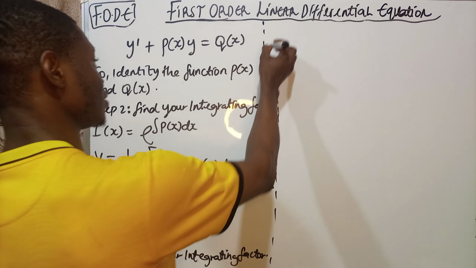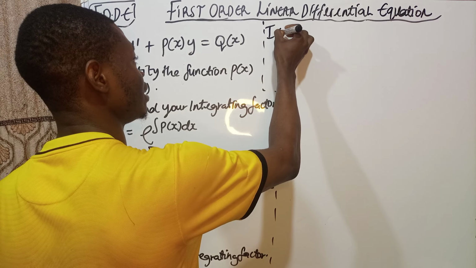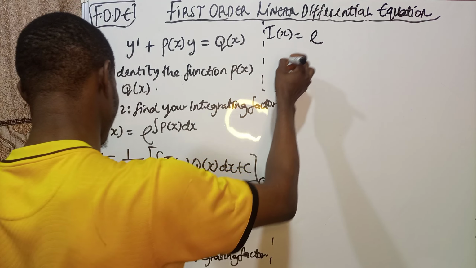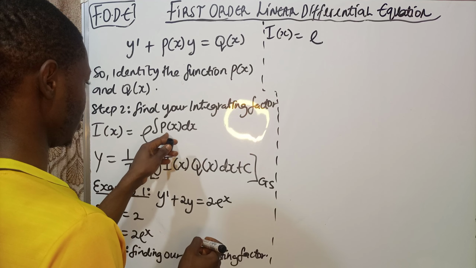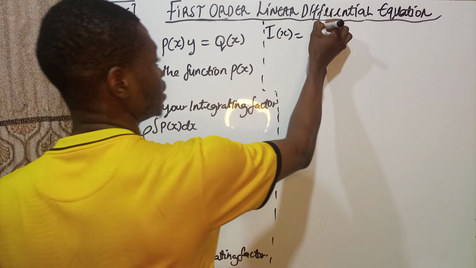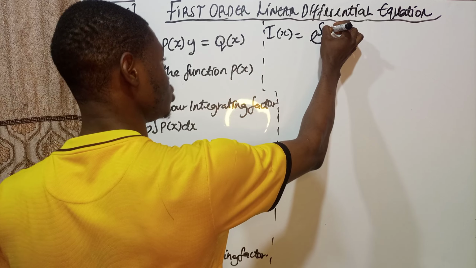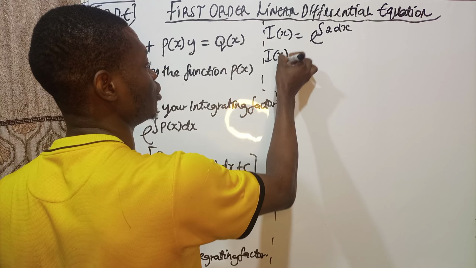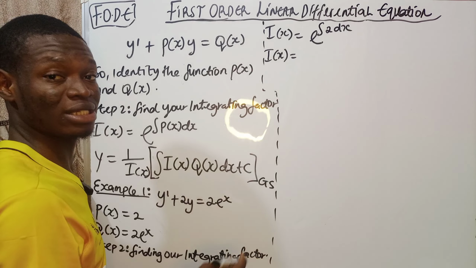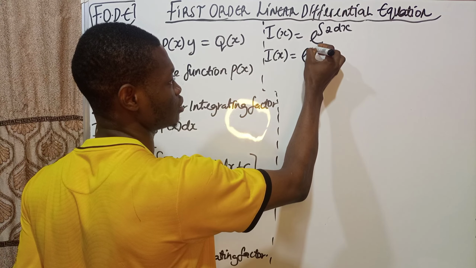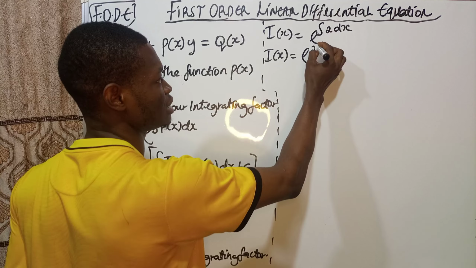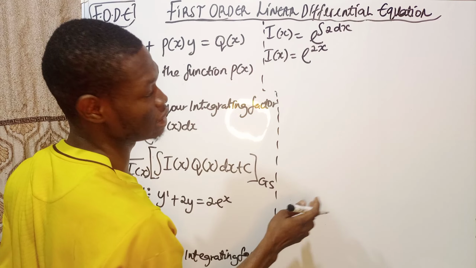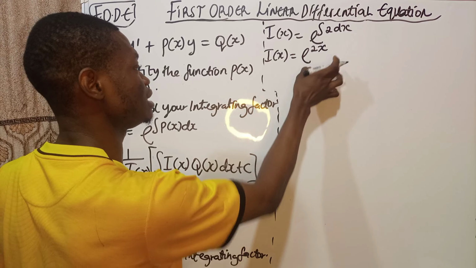So our integrating factor I of x is equal to e raised to the power of the integral of 2 dx. Integrating a constant, just attach the constant to x, what you are integrating with respect to. For example, if this thing is 2, it will now be 2x. So this is our I of x.